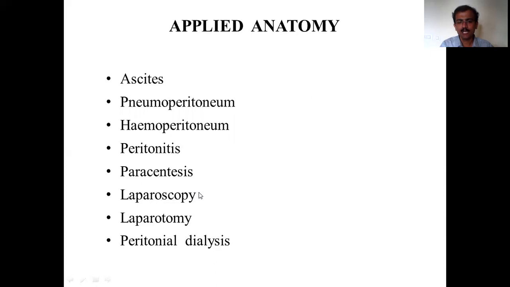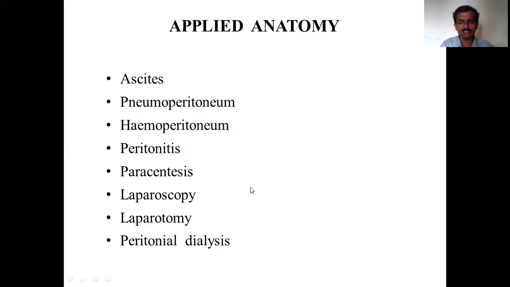With the help of a camera and light source, they operate through the holes and do the procedures. For example, cut the appendix and take it out in case of acute appendicitis. So that is laparoscopy. Laparotomy is again the cutting open of the abdomen.